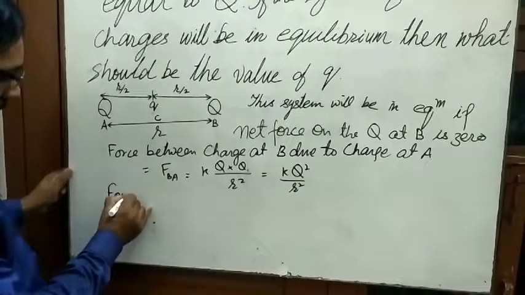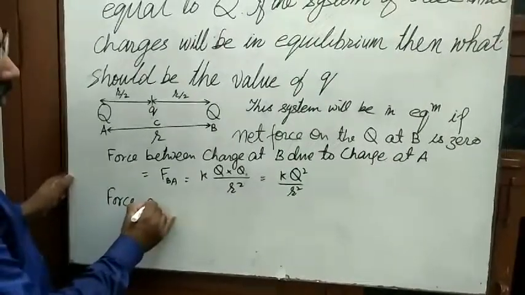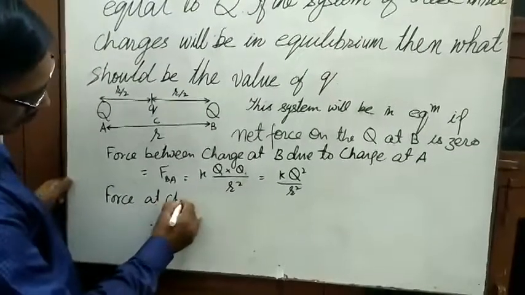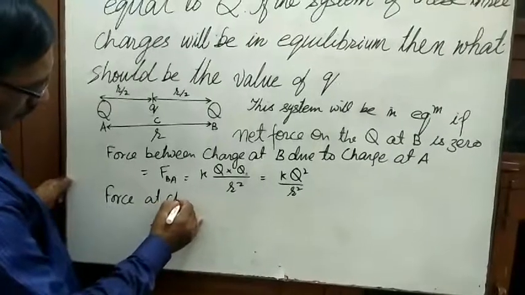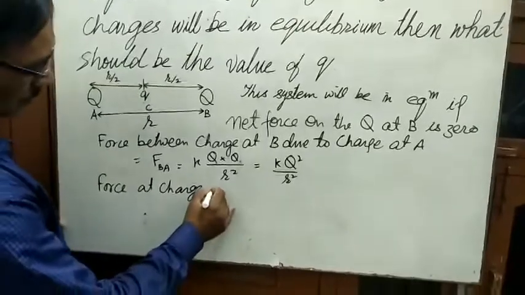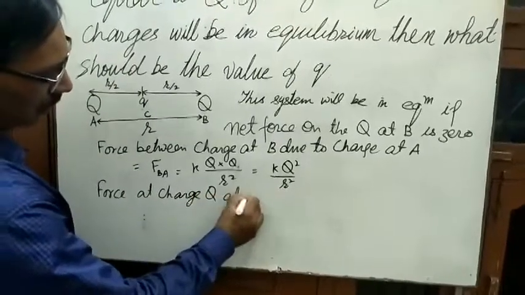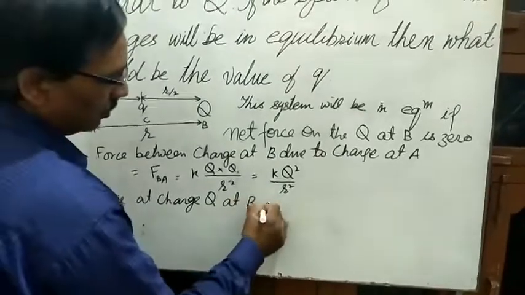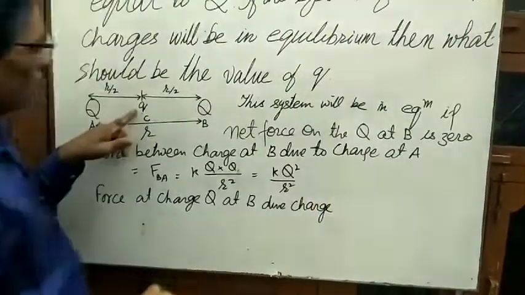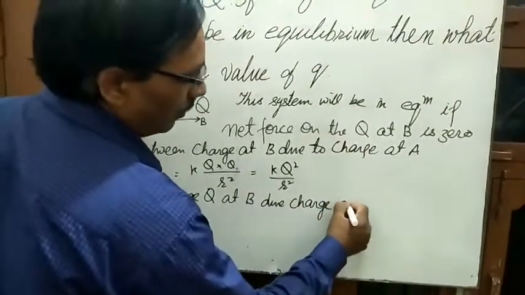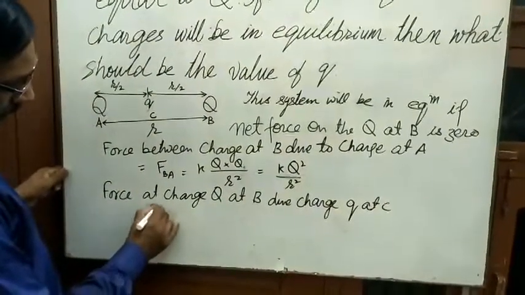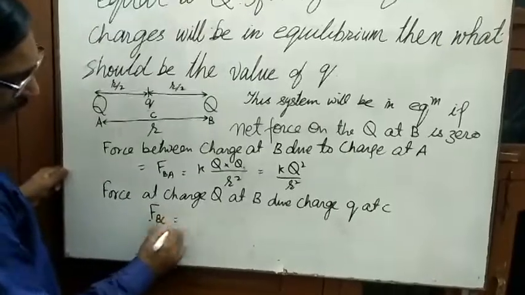Force at charge capital Q at B due to charge small q at C is FBC.